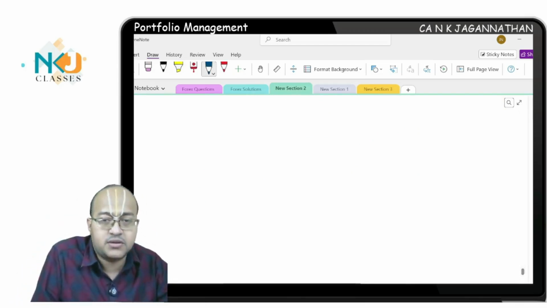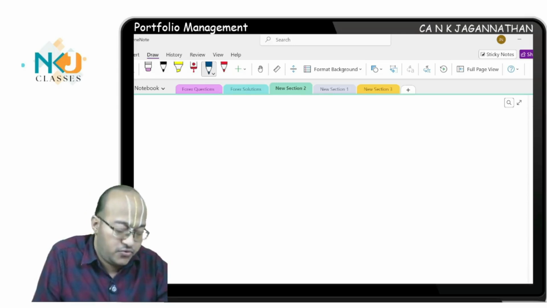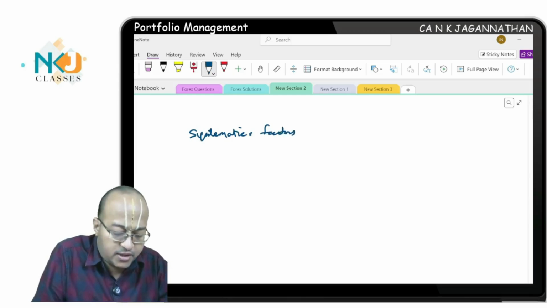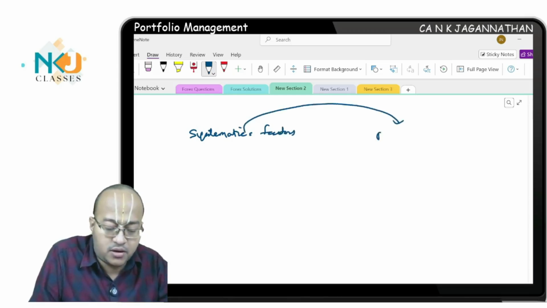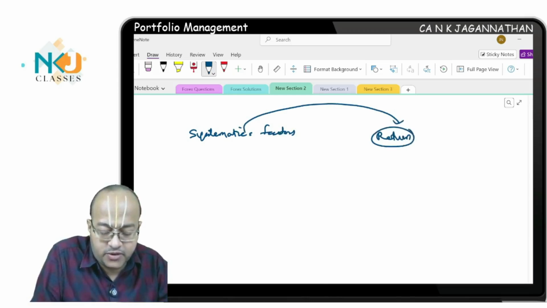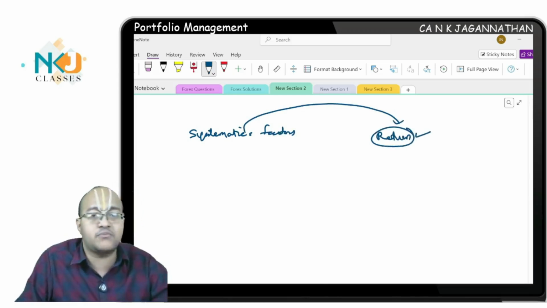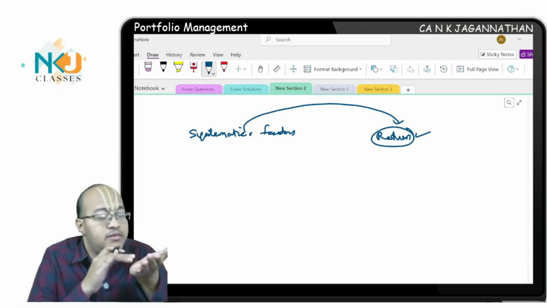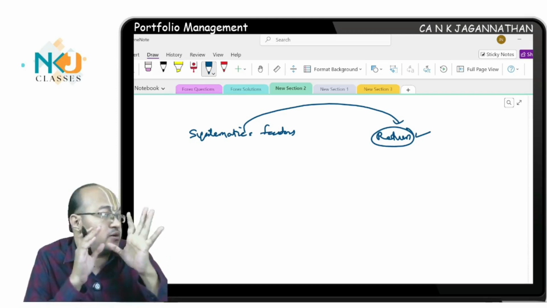See what happens. The macroeconomic factors, the systematic factors, affect the return of the company. Ultimately, always in the long run, the share price will follow the earnings of the company.